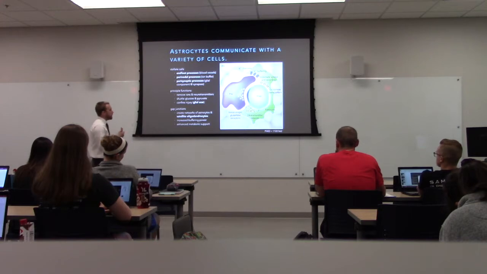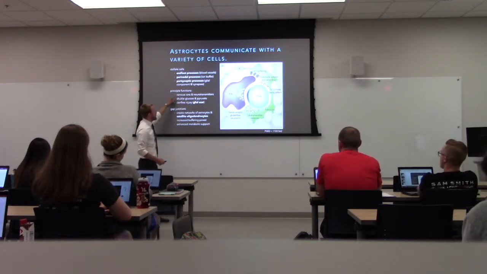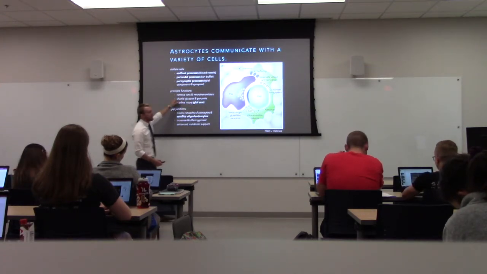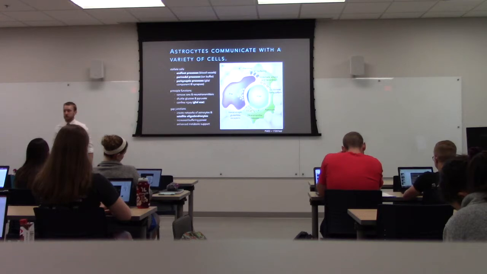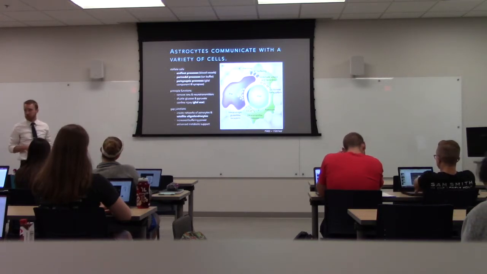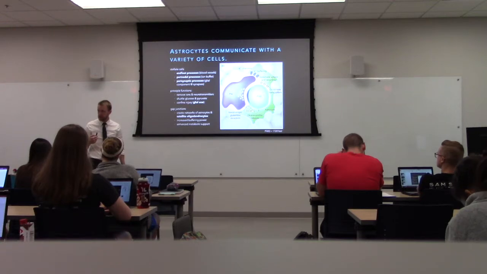The most important functions we've already gone over: cleaning up the ions and neurotransmitters, picking things out of the blood, glucose, shuttling pyruvate over to neurons. We won't talk much about this, but neurons are primed more for aerobic metabolism.